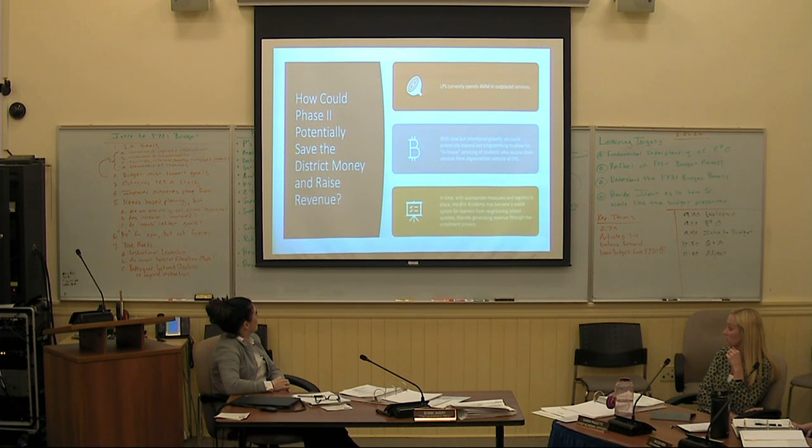In time, with appropriate measures and logistics in place, Impact Academy may become a viable option for learners from neighboring school systems, thereby generating revenue through the enrollment process. We have space, we have resources, and we have an innovative mindset. We don't want to start with that last block, not at all.